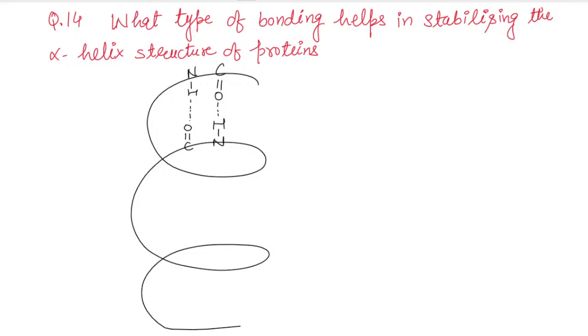So alpha helix structure of protein is stabilized by which hydrogen bonding, intra or inter? Intramolecular hydrogen bonding.